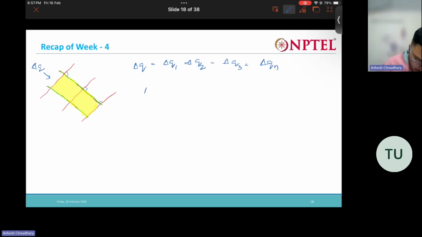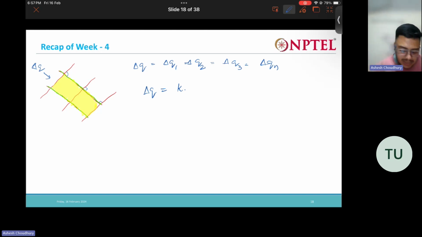Now each delta Q we can write as K, since we are considering isotropic soil. Why is it isotropic? Because the hydraulic conductivity K is the same in horizontal, vertical, all directions, independent of direction.